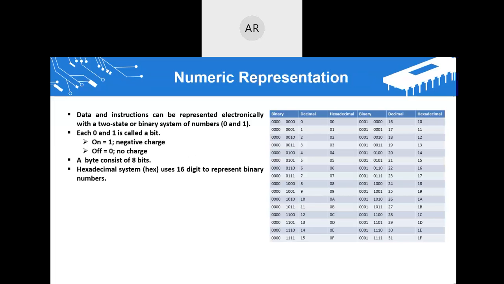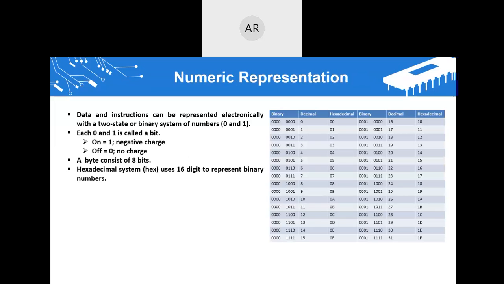Next is numeric representation. Other than data transmitted by digital and analog signal, data is also transmitted with numeric representation. There is a byte. A byte consists of 8 bits of data.